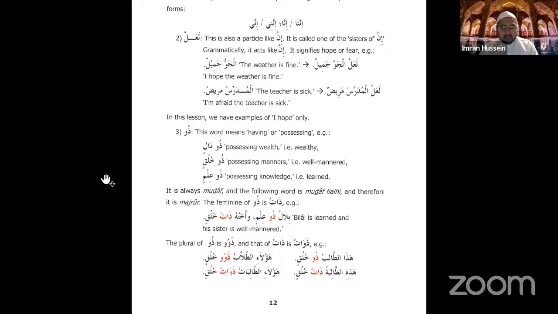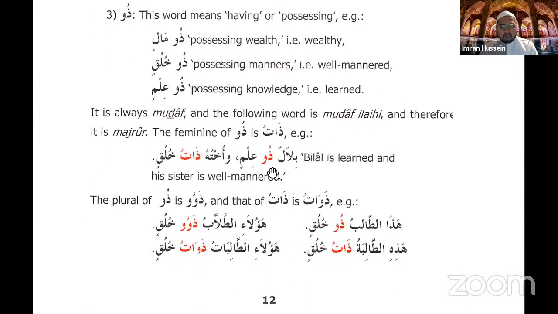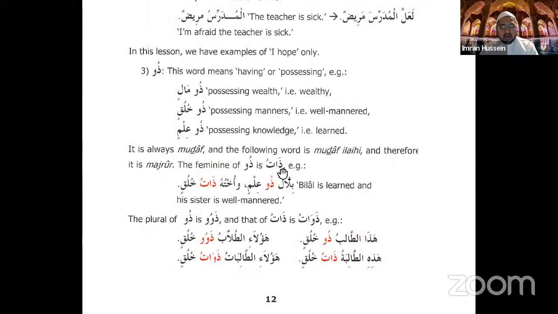So you have dhu and dhatu, and then the plural of dhu is dhawu, and the plural of dhatu is dhawatu. They are not used that often. The most popular ones which are used are dhu and dhatu.